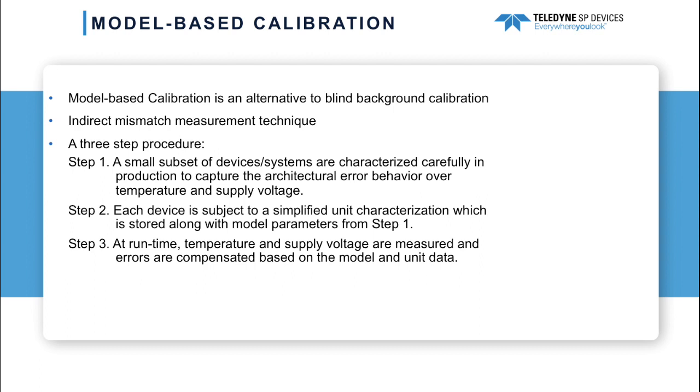When calibrating each ADX instance, each device is subject to a simplified unit characterization, the result of which is stored along with the model parameters for the architectural behavior. At runtime, temperature and supply voltages are measured, and the mismatch model's parameters needed for compensation are computed based on the captured circuit behavior and the unit characterization results. This approach works well in mass-produced silicon, since each device test is simple and fast.